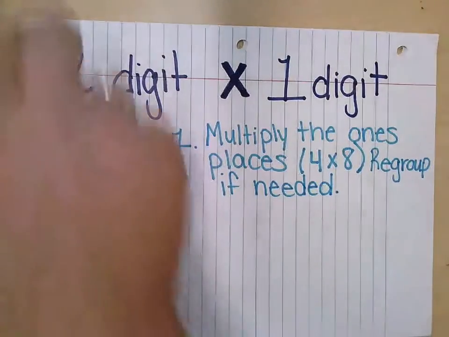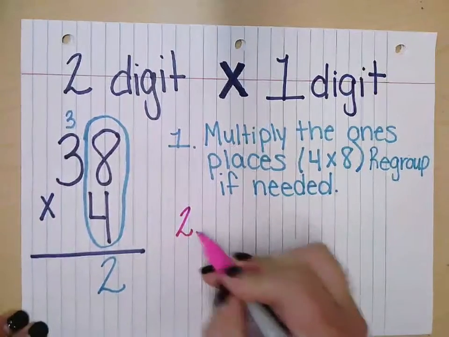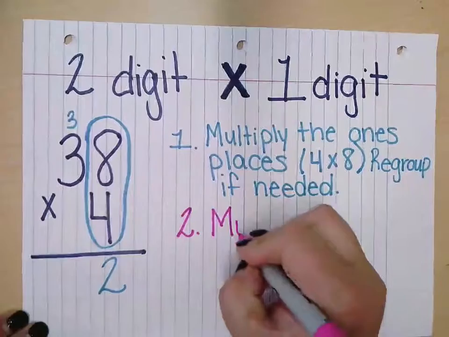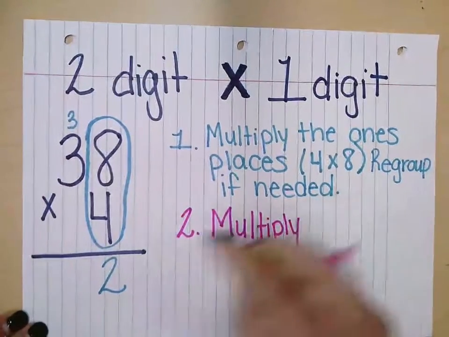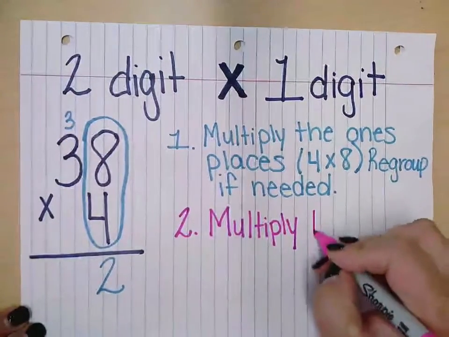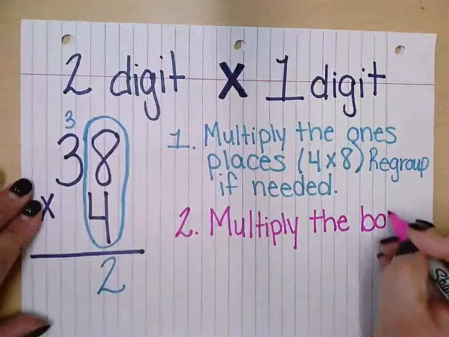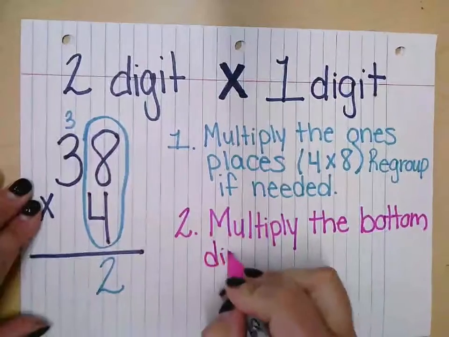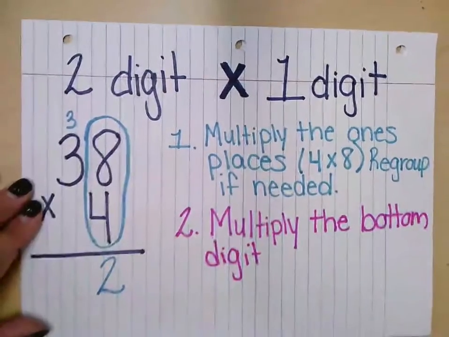Now our second direction is we are going to multiply our 4, our bottom digit, by what place value is this 3 in?